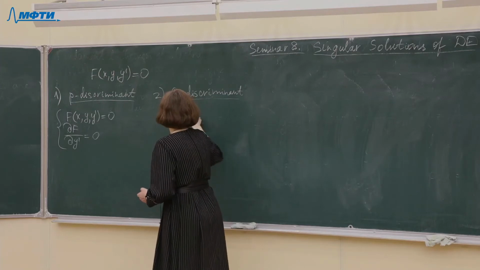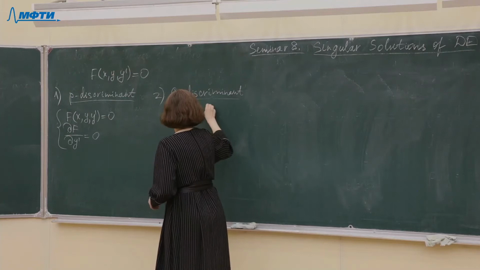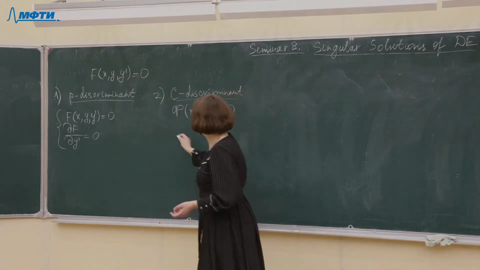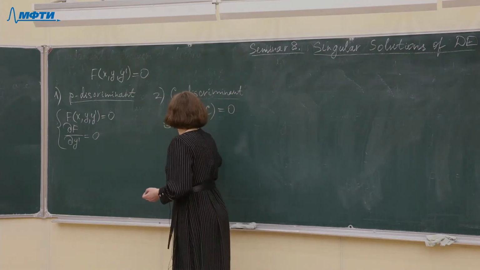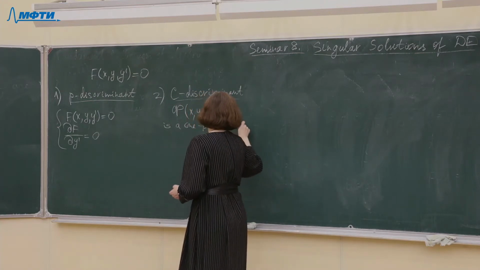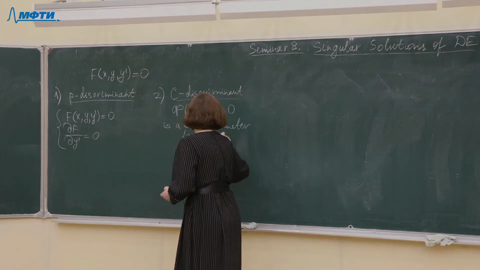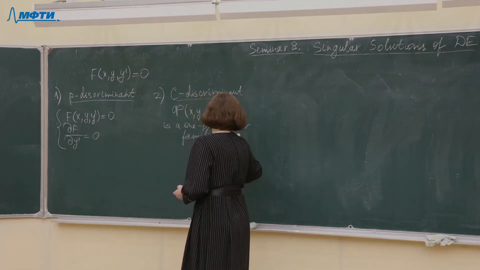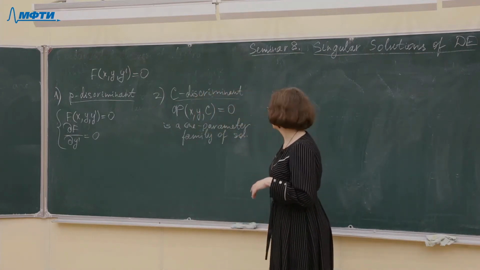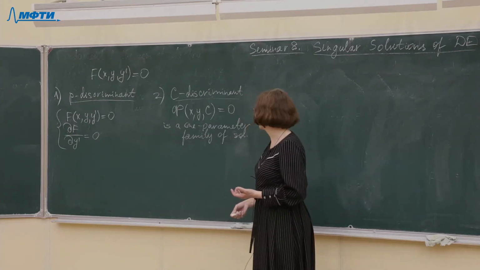Let phi of x, y, and c equals 0 be a one-parameter family of solutions. So this is the method of finding singular solutions.